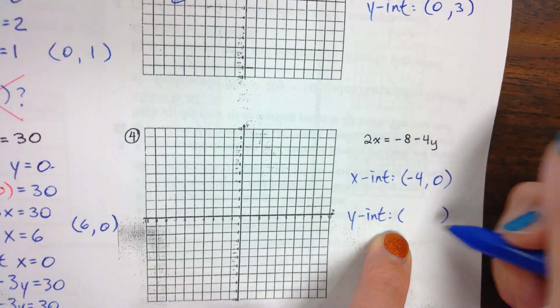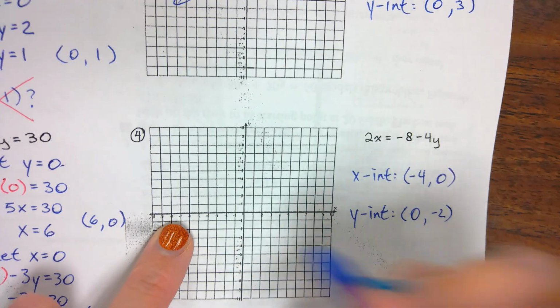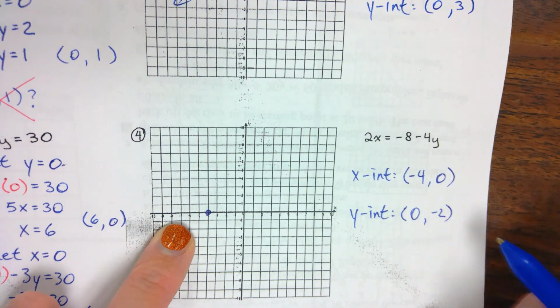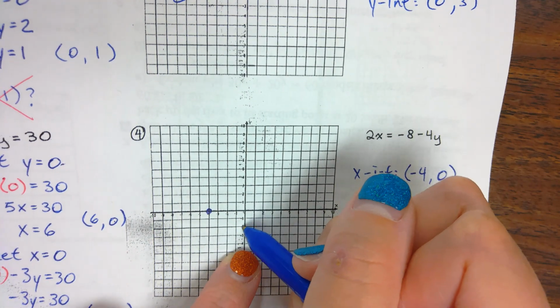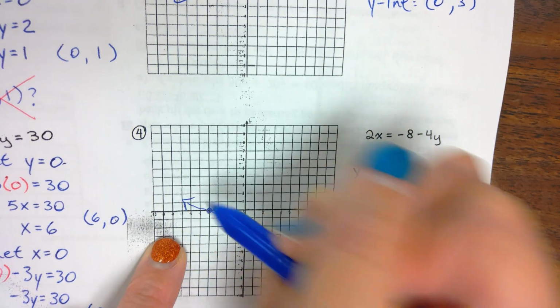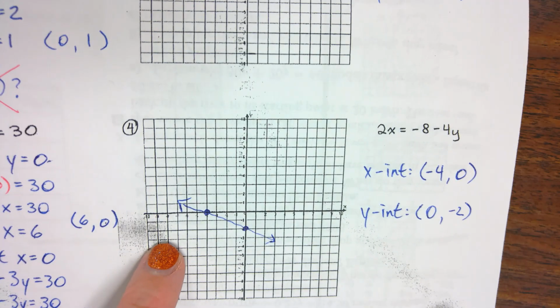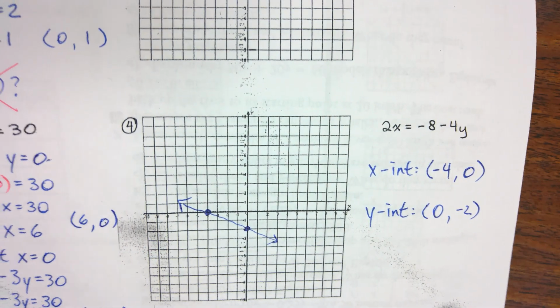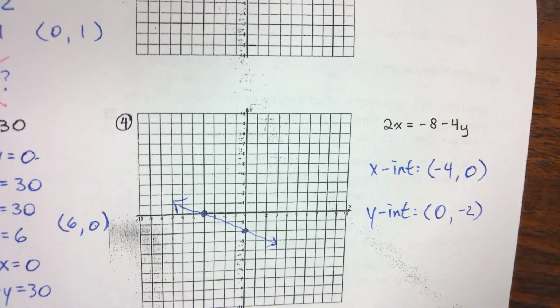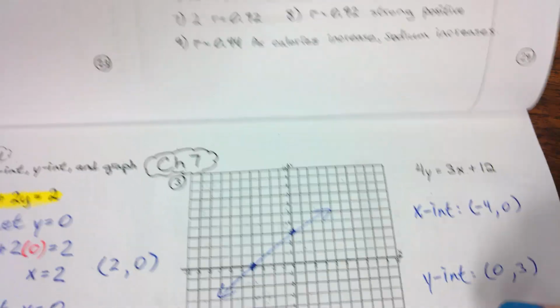What did you get? 0, -2. So -4, 0 is right here. 0, -2 is here. And there you go. You have your line. Okay, how many of you got both of them correct? Okay, awesome.